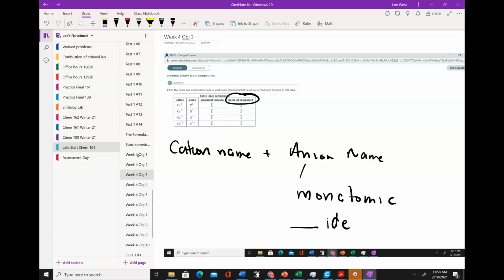Now, cations can be of two types as well. They can be fixed charge, where we don't need to include Roman numerals, and they're going to be for your group 1A, 2A, 3A, silver, cadmium, and zinc. Or they can be variable charge, where we have to indicate the charge with Roman numerals.